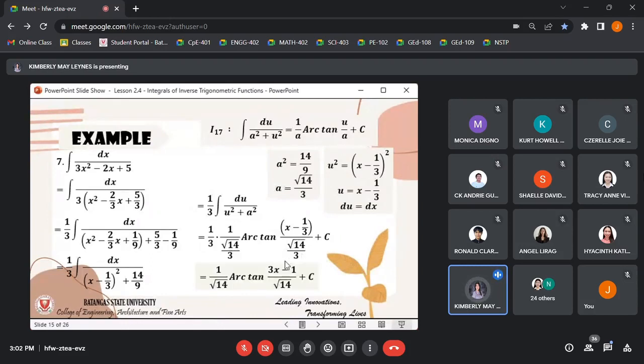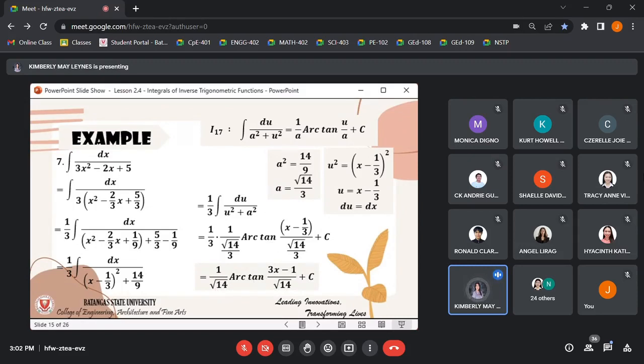Dito naman square root of 14 over 3, iaakyat si 3 na yung 3 mamumultiply dun sa x kaya naging 3x. Yung 3 na inakyat mamumultiply dun sa 1/3 kaya naging 1 na lang po siya. And with that, meron tayong 1 over square root of 14 arctangent ni 3x minus 1 whole over square root of 14 plus c. Ito na si final answer sa number 7.